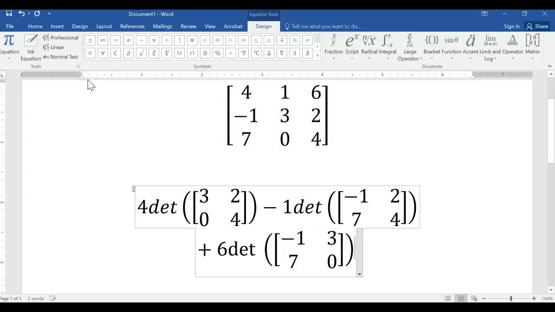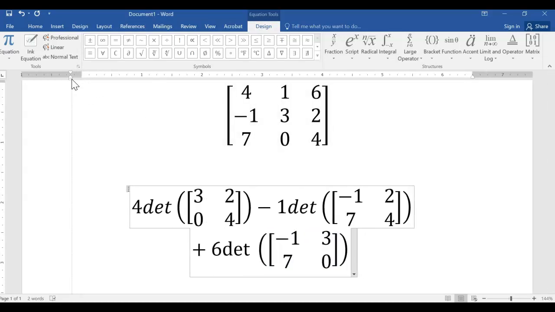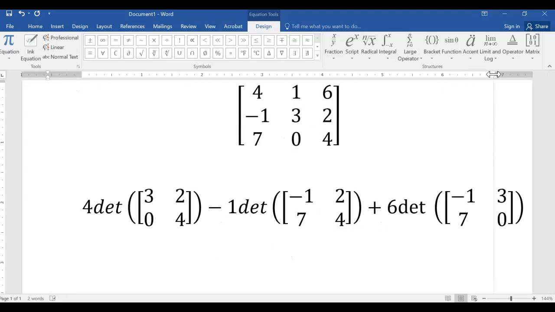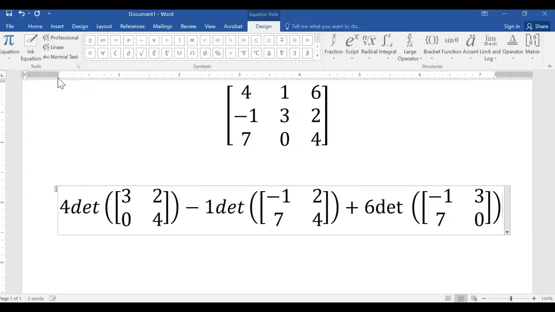And therefore, let's expand this just a bit. So 4 times this determinant minus 1 times this determinant plus 6 times this determinant.